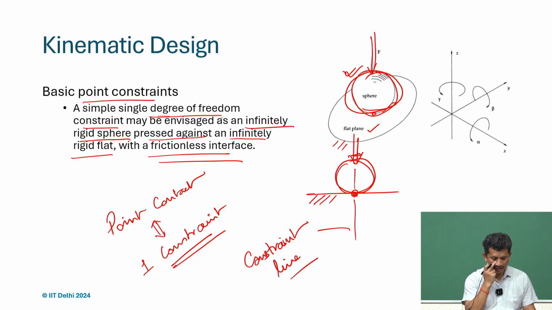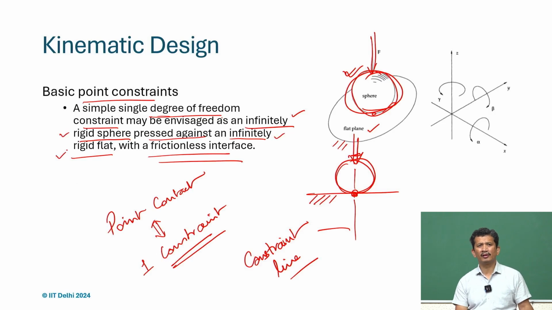What it also says is infinitely rigid sphere and infinitely rigid flat. So, here we are not talking about the elasticity or the stiffness, we are simply talking about the rigid object. So, any kinematic design is based on kinematic principles, and we assume that the bodies are not deformable, they are infinitely rigid, and then we talk about line contact or point contact.